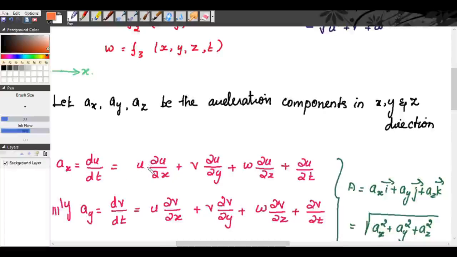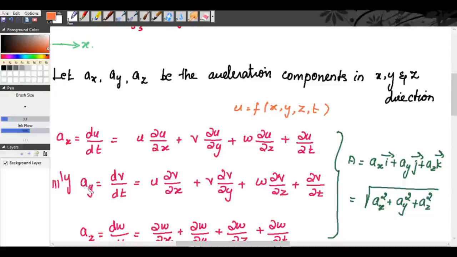You get u into dou u by dou x, because u is a function of x, y, z and t. So ax is equal to du by dt, which is u into dou u by dou x plus v into dou u by dou y plus w into dou u by dou z plus dou u by dou t.